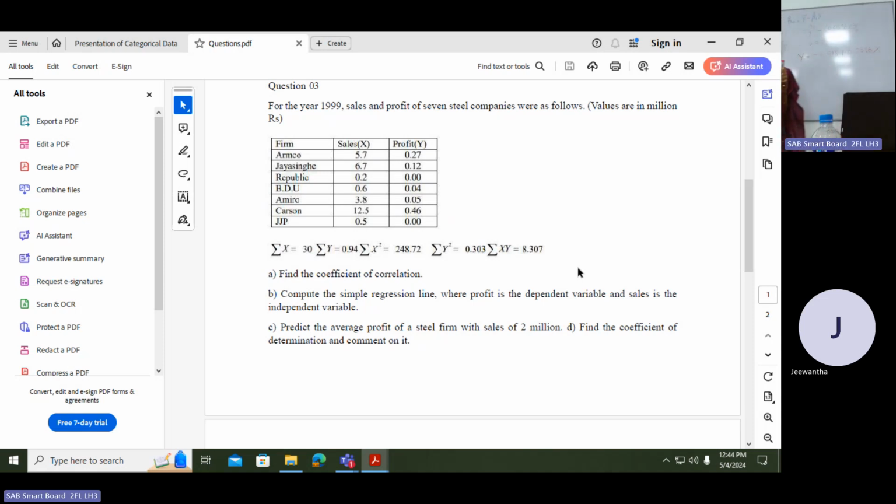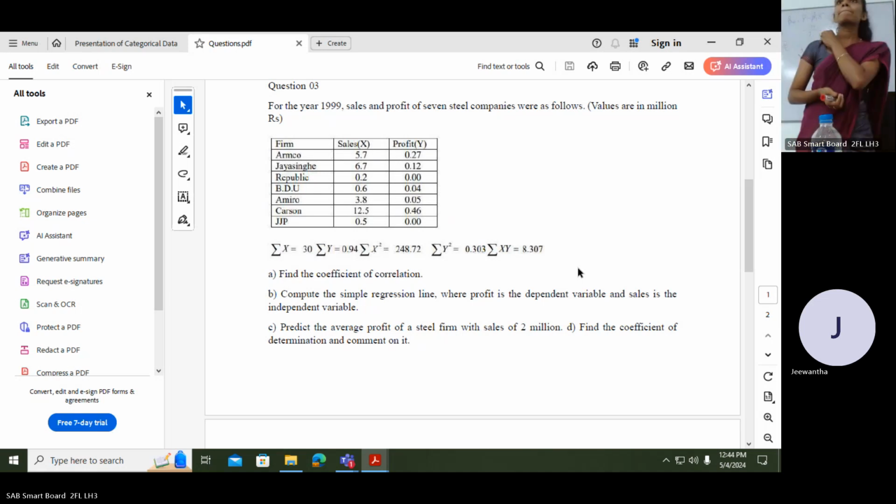Then through this regression model, we can get the predicted value or estimated value. Then we put y hat. Then through the regression model, how to identify whether it is a positive or negative relationship?